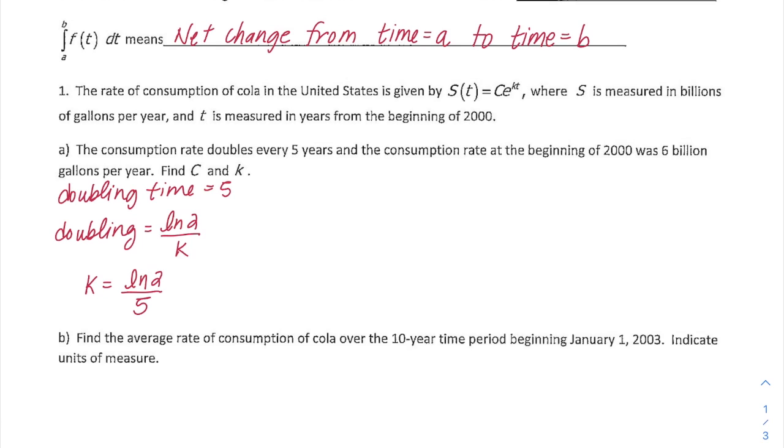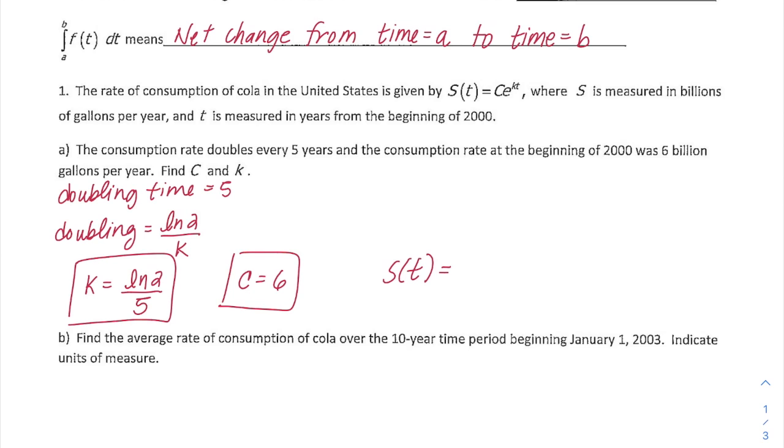To find C, C is simply the initial value. So if it tells us that the consumption rate at the beginning of 2000 is 6 billion gallons per year, that would be our C value. And I'm just going to use 6 because it says S is measured in billions of gallons. So there's K, there's C, and I'm just going to take a minute and write our formula. S of t would be 6e to the ln2 over 5t.